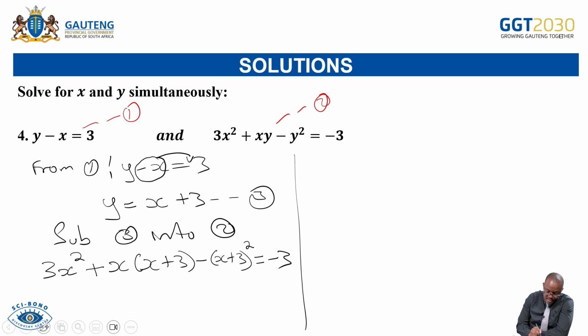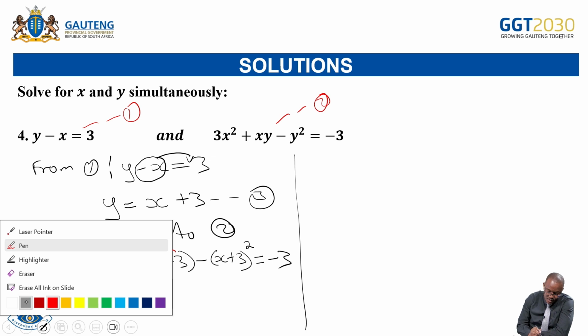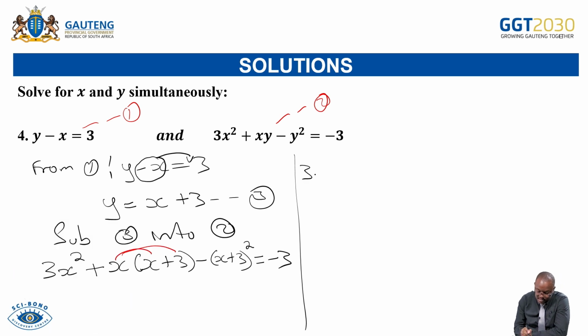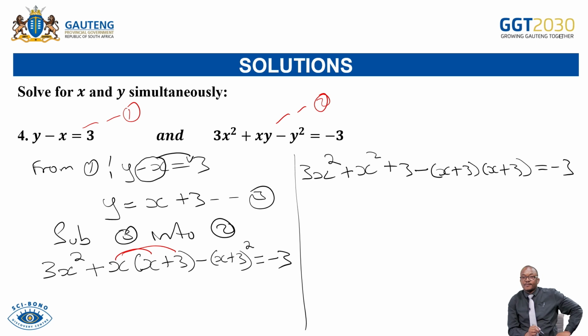So we can simply remove the bracket by multiplying by x inside there. Then what will happen? We're going to have 3x squared plus x squared plus 3x minus (x plus 3) squared is equal to negative 3. So this is what you are doing all the time.